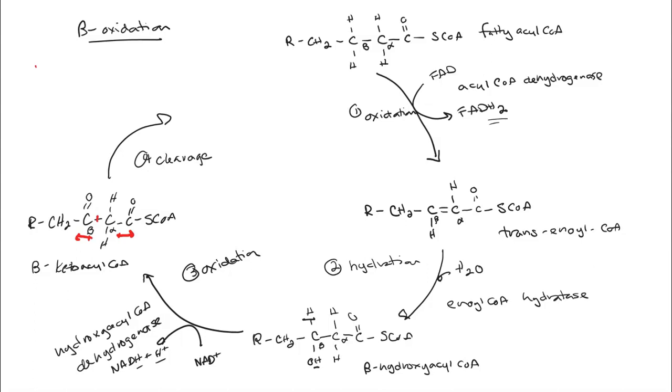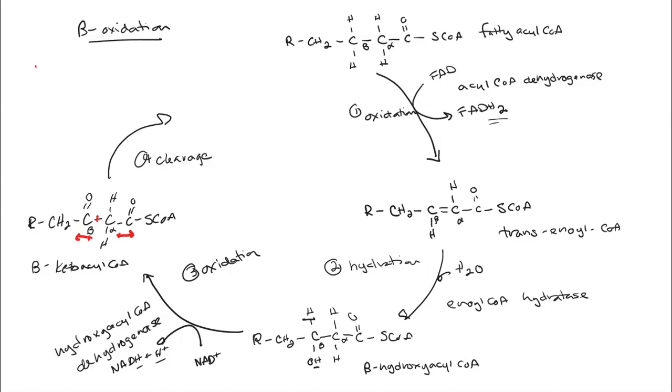And at this point, we come in with an equivalent of coenzyme A using the enzyme thiolase, and it's going to basically do an attack on this carbonyl at the beta carbon, which is going to add a new acyl-CoA to the beta carbon, kicking off the acetyl group, the acetyl-CoA, as a leaving group.